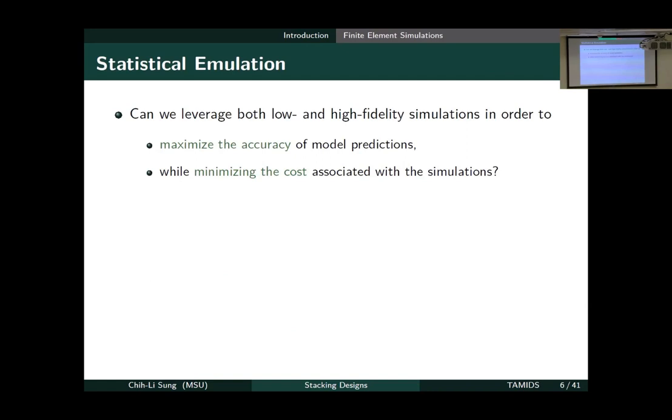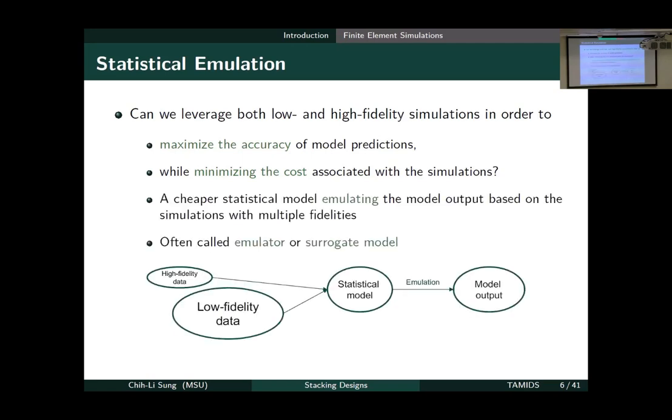If my objective is only to maximize accuracy, then I can pretty much just run high fidelity simulations and build a statistical model. But it's going to be costly, so while we want to maximize the accuracy, we also want to minimize the computer cost associated with those simulations.